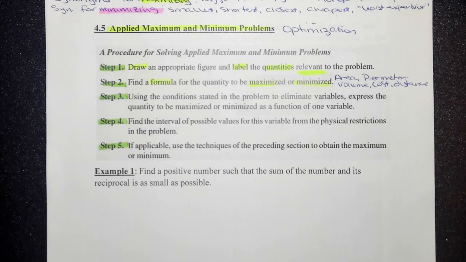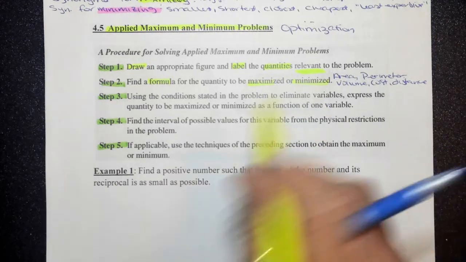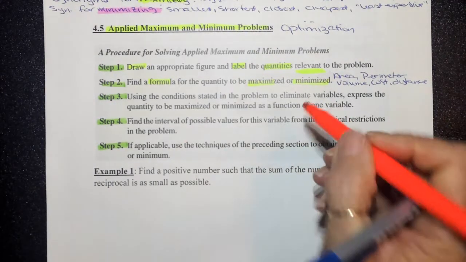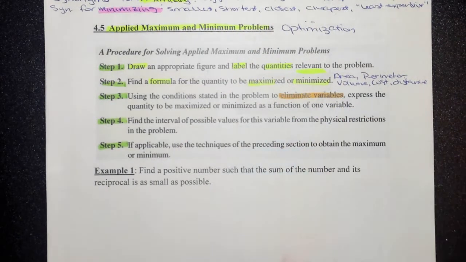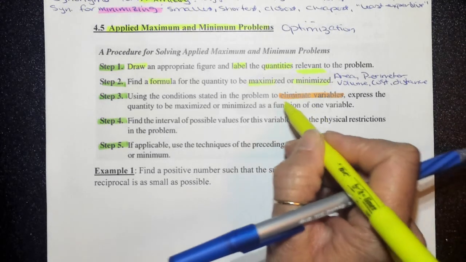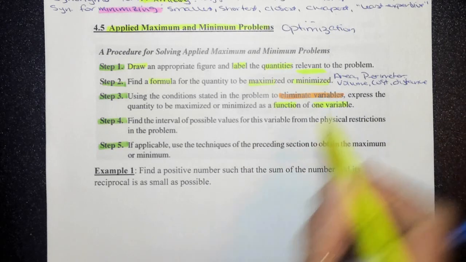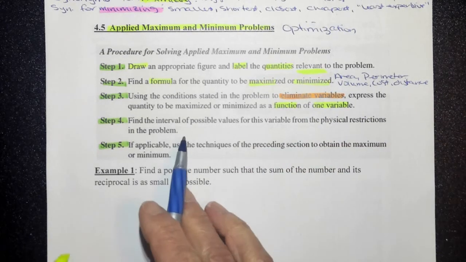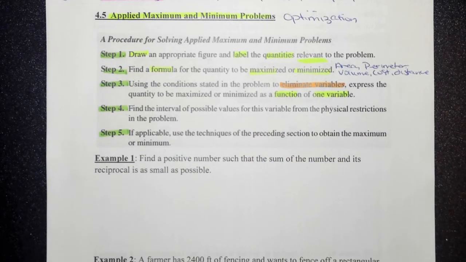Then, using the conditions stated in the problem, you want to eliminate variables that don't have anything to do with the problem, and express the quantity to be maximized or minimized as a function of one variable. Then find the interval of possible values for this variable from the physical restrictions in the problem.